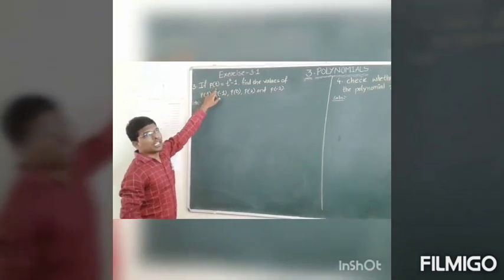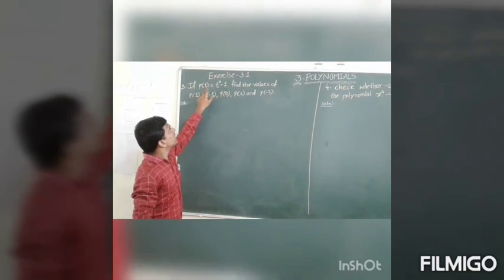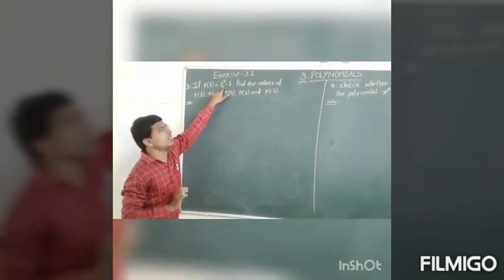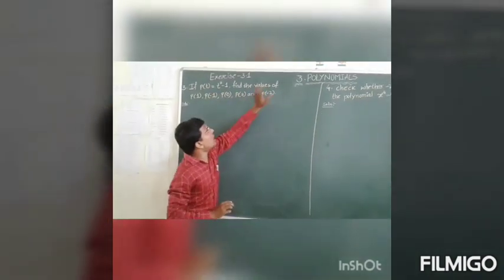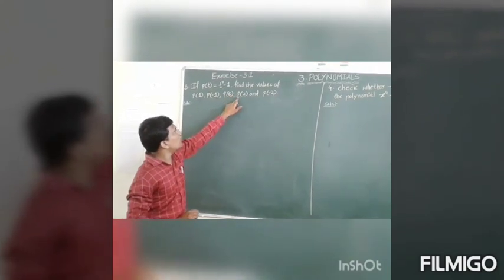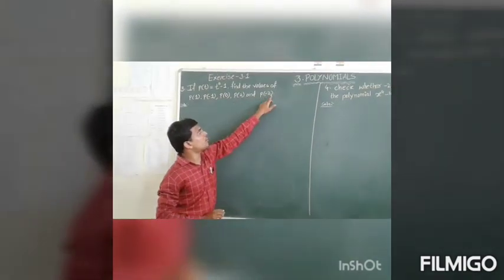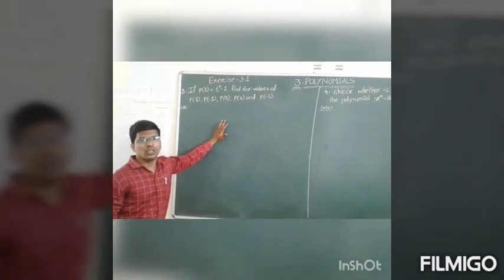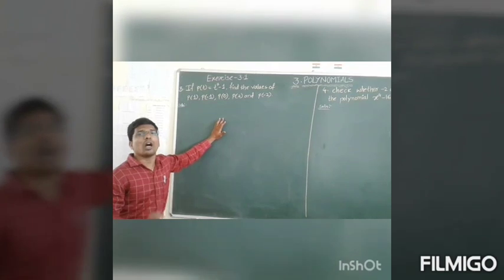If P of t is equal to t cube minus 1, this is the given polynomial, which involves the variable t, not x here. The variable is t. So find the values of P of 1, P of minus 1, P of 0, P of 2 and P of minus 2. Here he is not asking about the zeros, he is only asking about values.